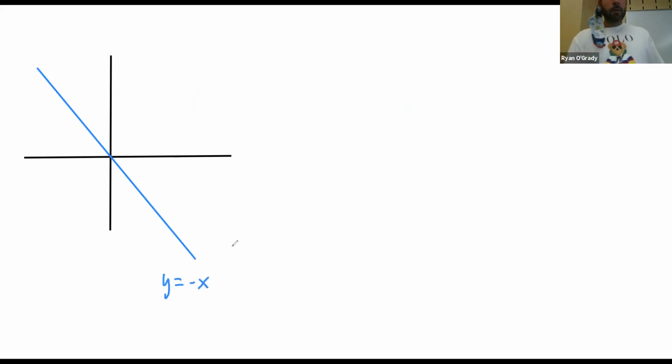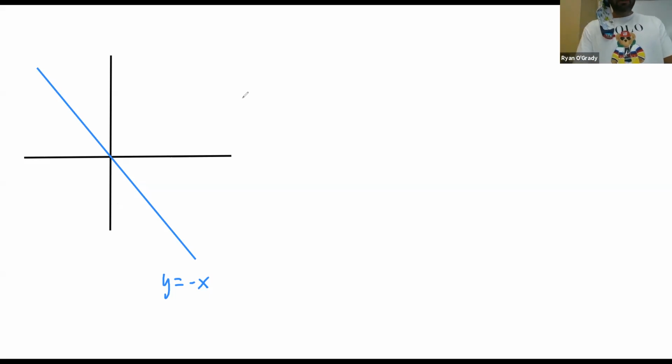Now, the other curve is y equals x squared plus 2, which is a parabola. I'll do that in red, and it's shifted up 2. So the question is, where does it intersect this blue line, if it does? Right, so let's go to that.